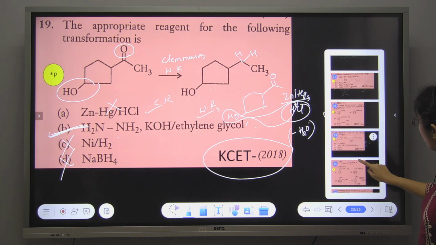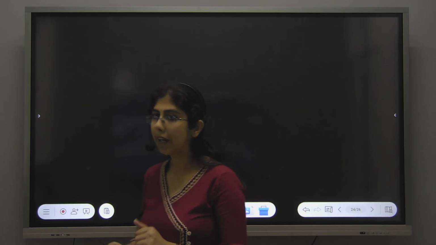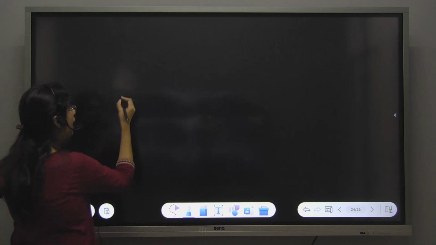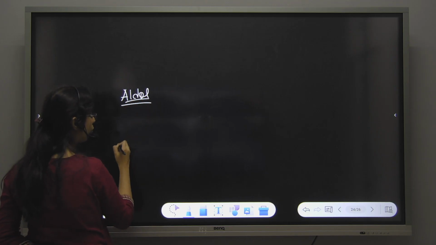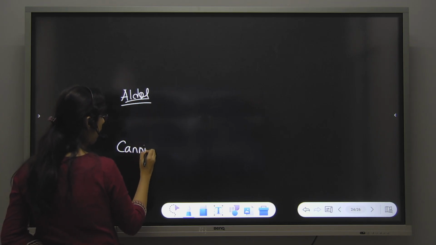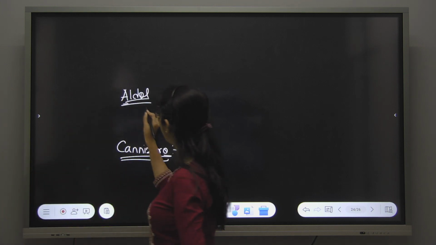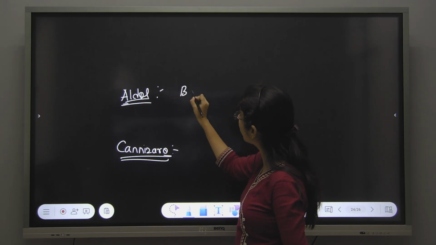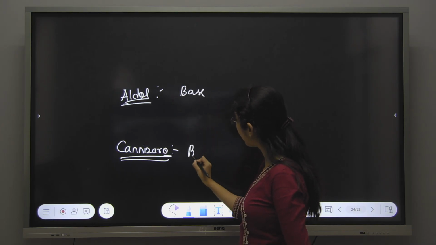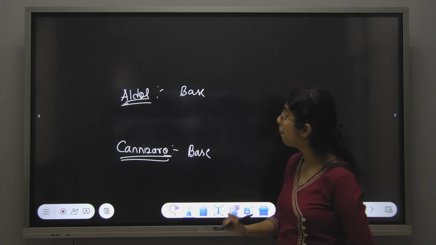Yes, one more last question which I wanted to discuss, but before that we have to know one thing. There are two other important reactions about which we will discuss tomorrow. But one thing you have to remember about these reactions, Cannizzaro and aldol: in both cases we will take base, it can be sodium hydroxide or potassium hydroxide.